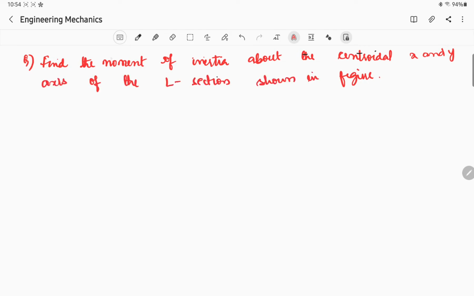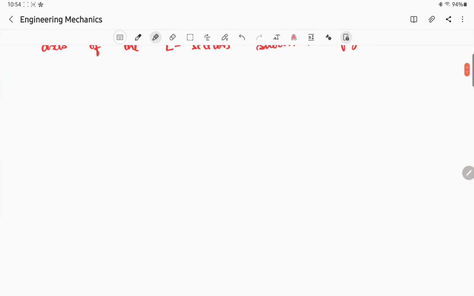This is the question, and the figure is given as an L section. I'll draw the L section here.